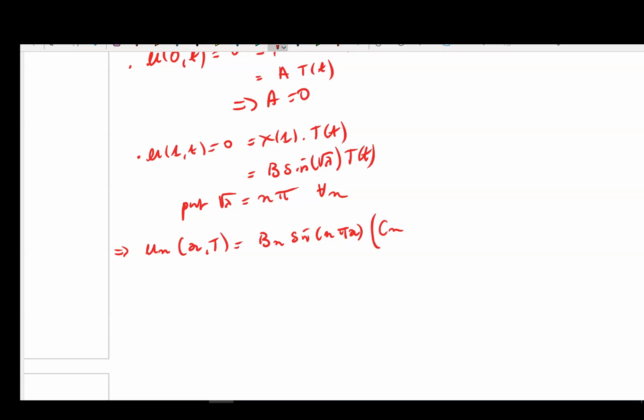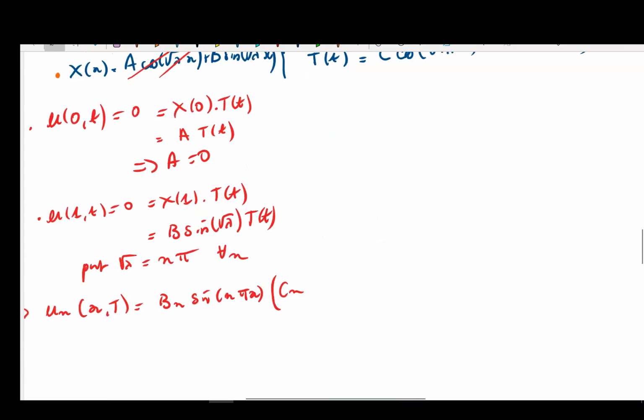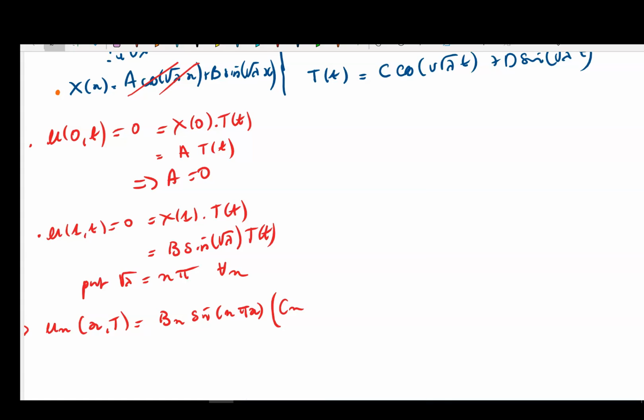So I could say that all my constants can depend on n. So c_n cosine of v n pi t plus d_n sine of v n pi t. Right.